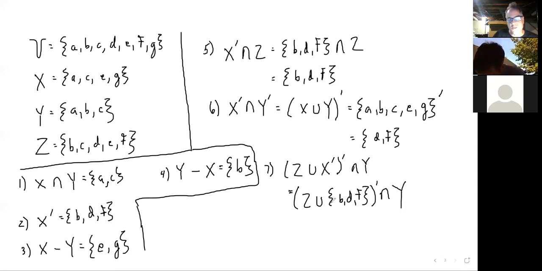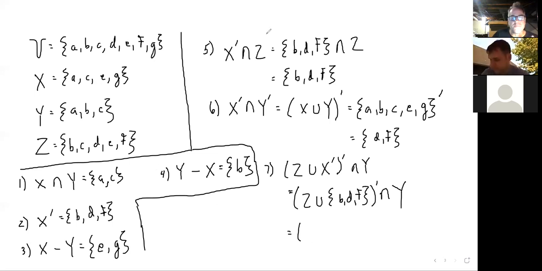All right, so now I can union Z and the set BDF. So here's Z. BDF is in there. Those three elements are in there already.